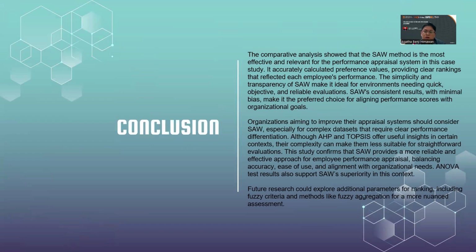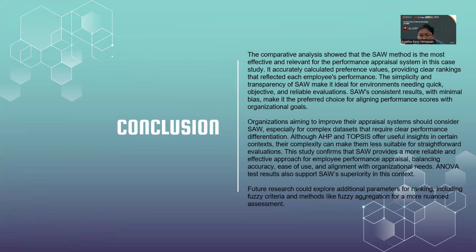In the conclusion, the comparative analysis showed that the SAW method is the most effective and relevant for the performance appraisal system in the case study. It accurately calculates a preference value, providing clear ranking that reflects each employee's performance.